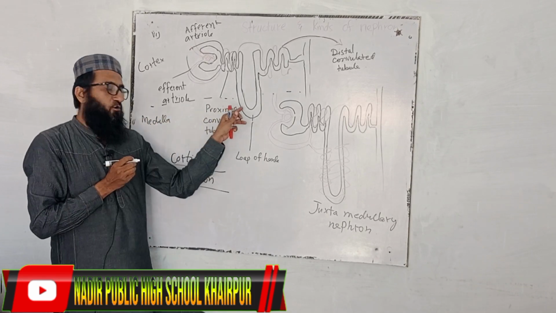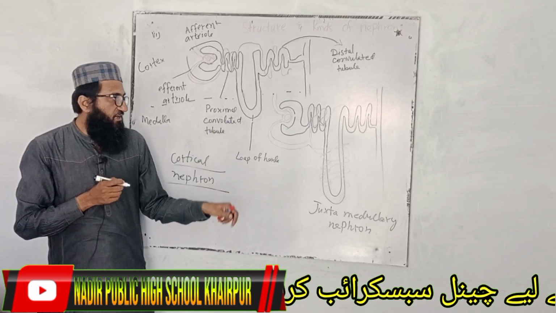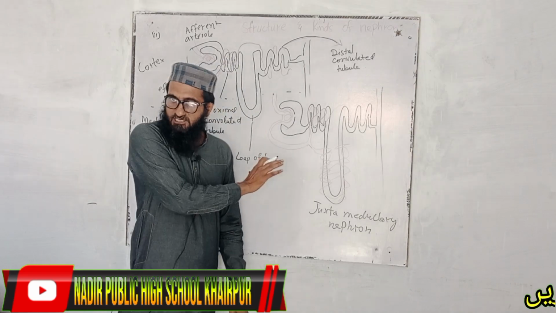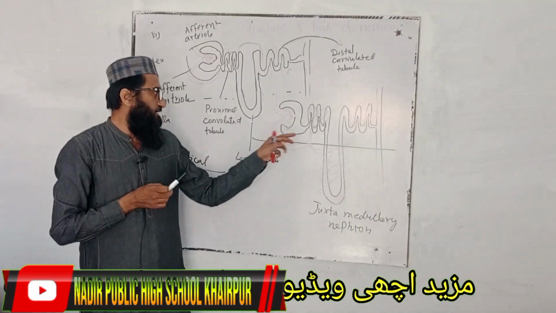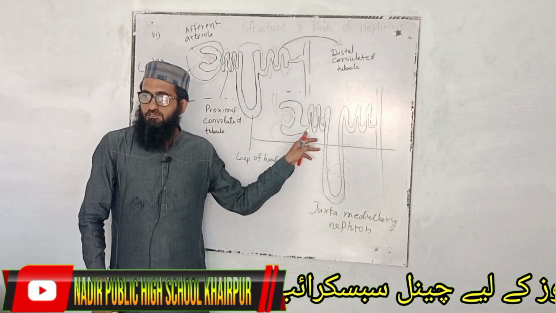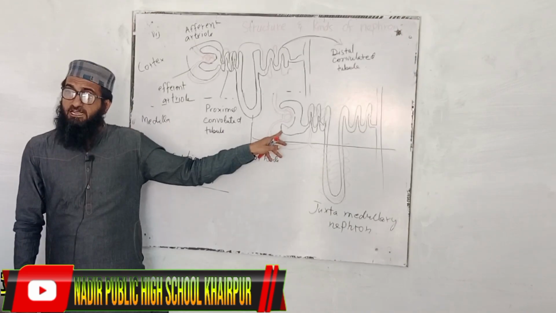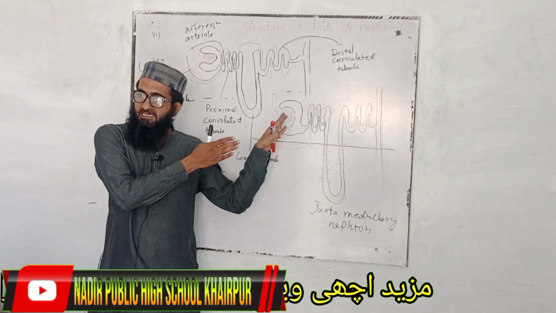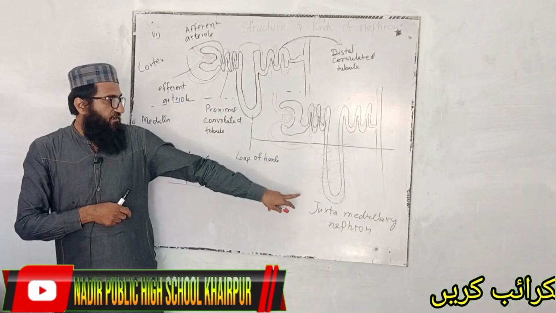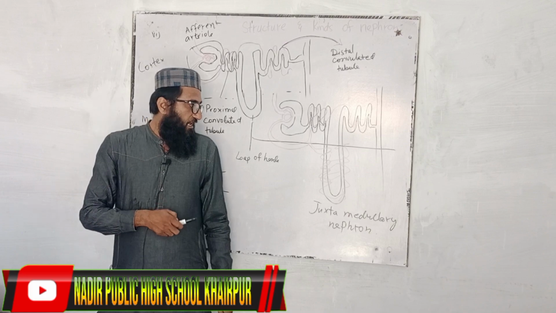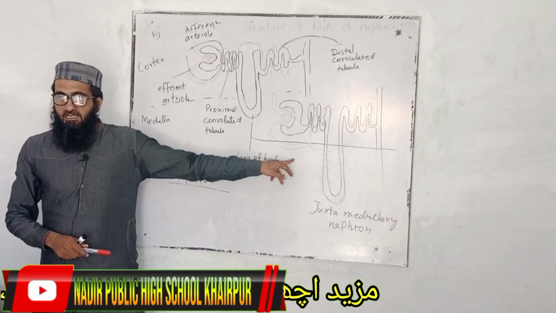So only a little portion of loop of Henle goes into medulla, whereas in case of juxtamedullary nephron, only the distal convoluted tubules, proximal convoluted tubules, and the Malpighian body are present in the cortex of the kidney, whereas loop of Henle penetrates deep into the medulla of the kidney.